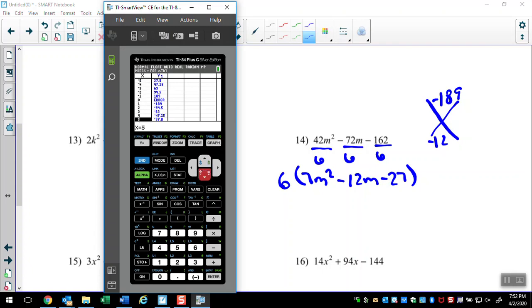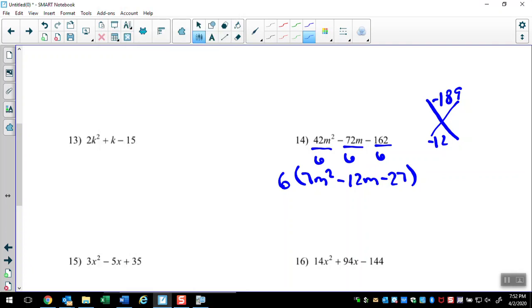So I'm going to kind of scroll through these. That makes negative 20. That one right there, 9 and negative 21, will give me the negative 12. So I've got 9 and negative 21.